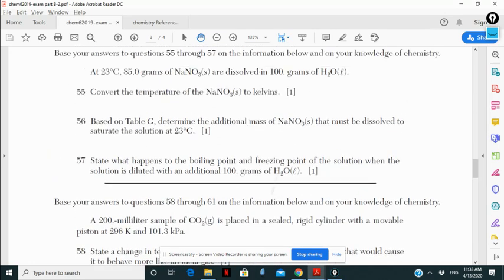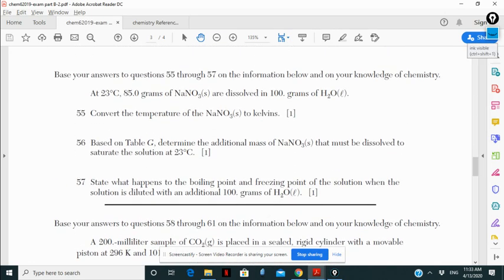Question number 55 through 57. Now they're talking about 85 grams of sodium nitrate at 23 Celsius dissolved in 100 grams of water. Convert the temperature to Kelvin.